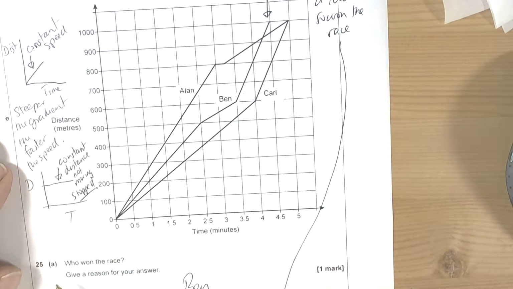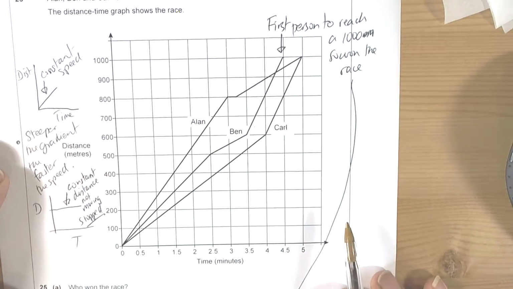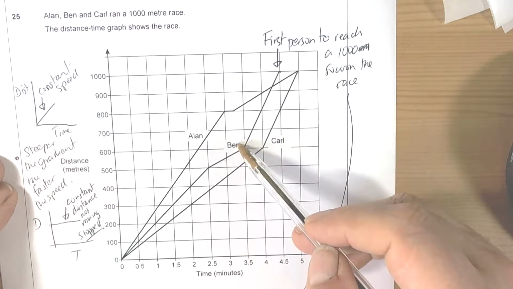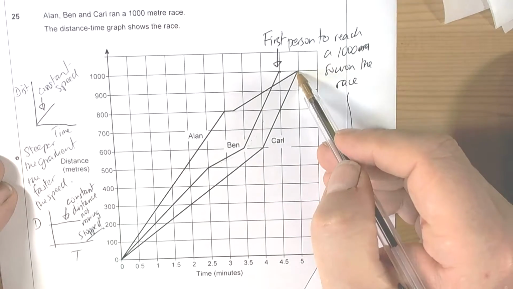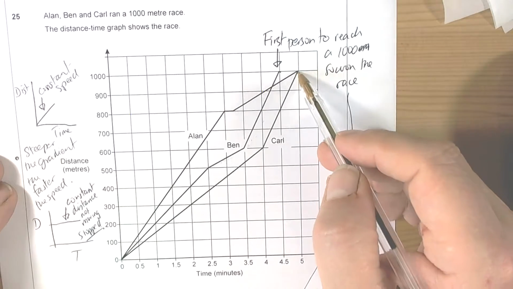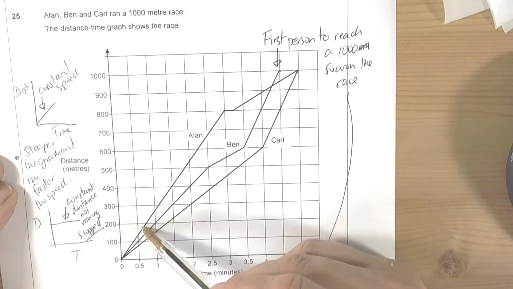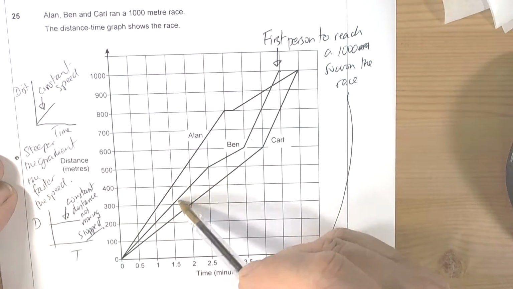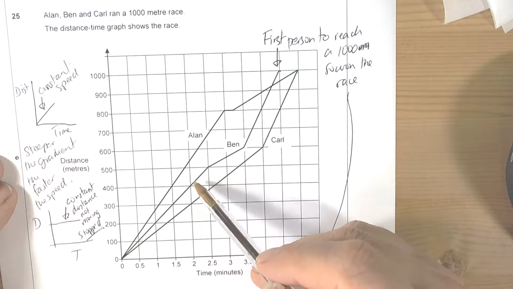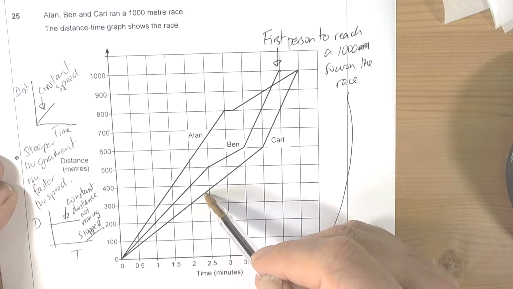Okay, so that was how we can interpret that information. So he won the race. Follow it through, we find it's Ben. This is telling us that Alan and Carl actually crossed the line together at the same time, and so forth. This line here is steeper than this line here, so it's showing us that at this stage Alan is running faster than Ben was, and faster than Carl was as well.